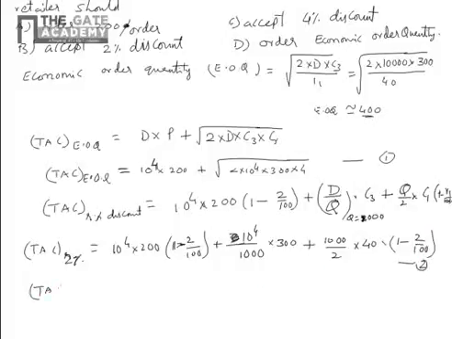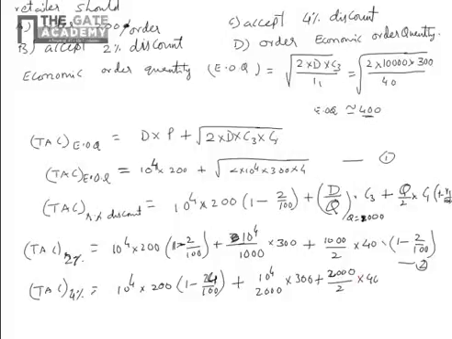Another one is TAC at 4%: 10 power 4 into 200, 1 minus 4 by 100, plus 10 power 4 divided by 2000, sorry, here it is 4 into 300, plus 2000 divided by 2 into 40, 1 minus 4 by 100.